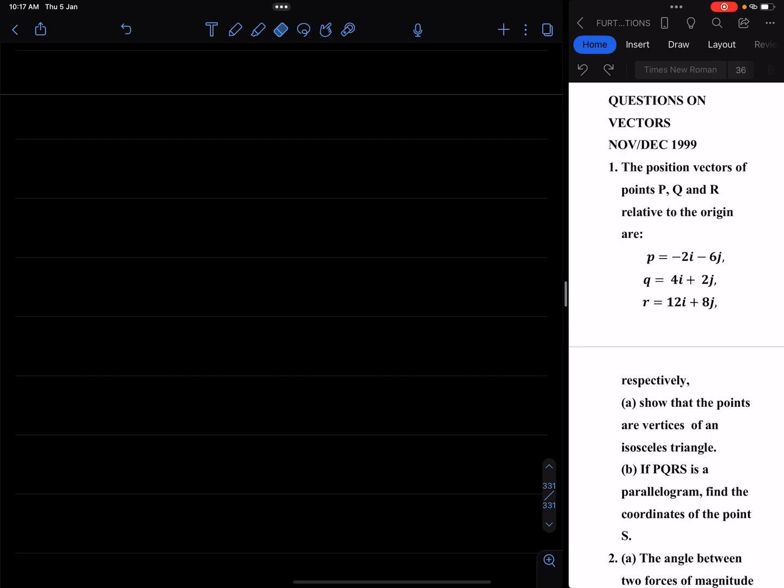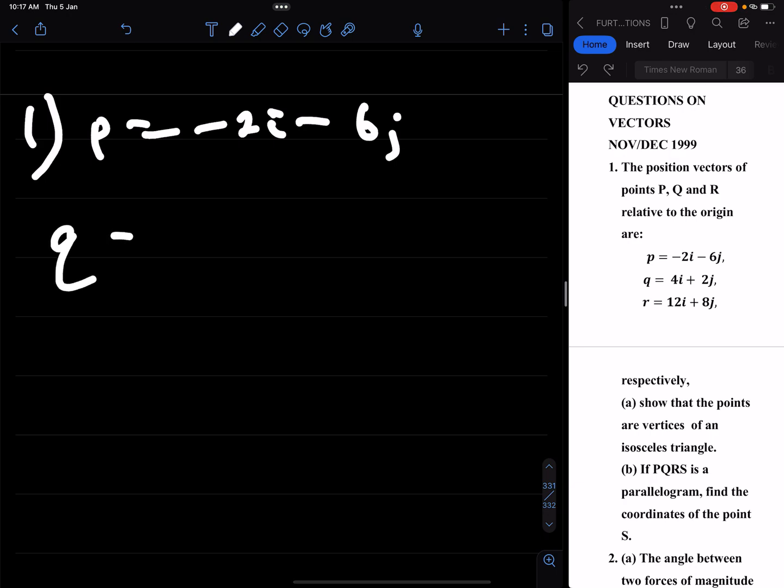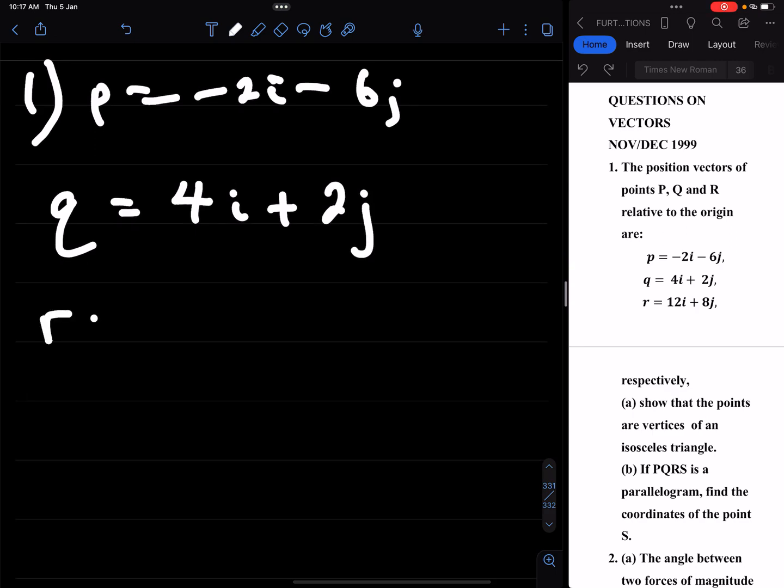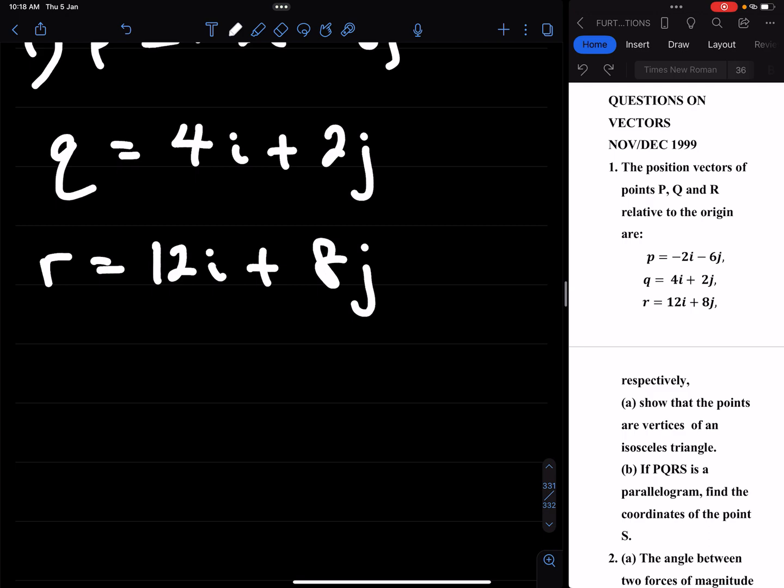The first one is a GCE question from 1999. The position vectors of points P, Q and R relative to the origin are P equals minus 2i minus 6j, Q equals 4i plus 2j, and R equals 12i plus 8j respectively.